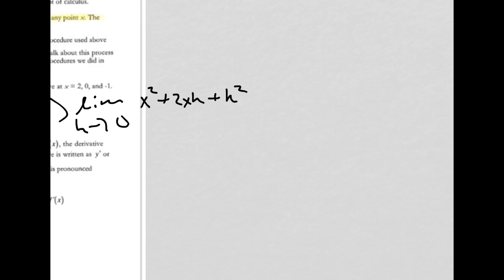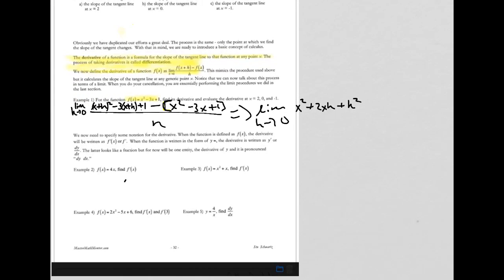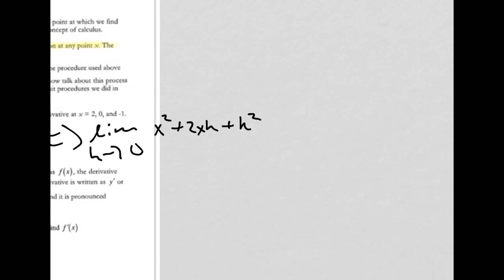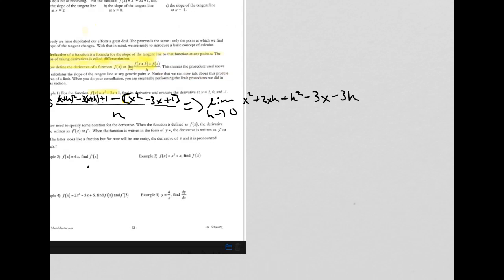Then the next part is distributing this negative 3 out to the x and the h. So that's minus 3x minus 3h. Because when I distribute a negative, it goes to both of them. So that's why they're both negative. Alright, because this is a long problem, then I've got the plus 1.